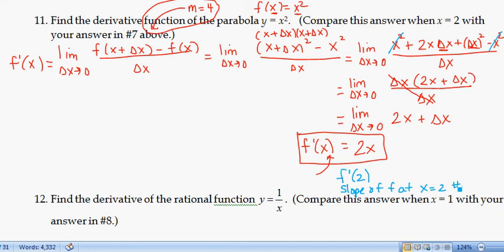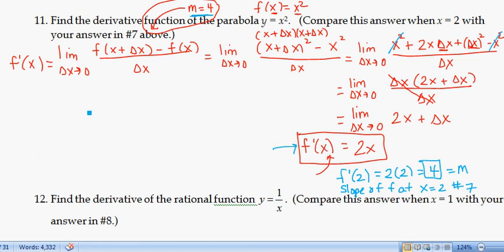This is what we asked you to do in number 7. So f prime of 2, according to this function, should be 2 times the input, 2 times 2, or 4. And yes, indeed, this was the slope that we got when we did this back in terms of just 2. So we see that this derivative function really truly is a function, and it gives us the slope for any given input.